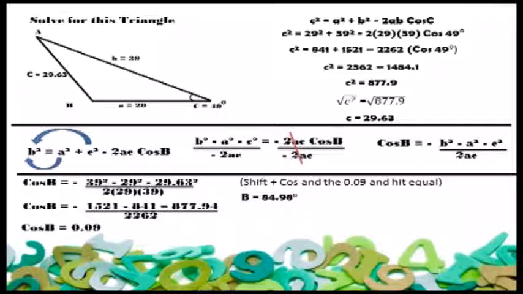So you will get the angle B, 84.98. Now if you're looking for the angle A, just simply add the two angles and subtract it from 180 degrees. So our angle A is equal to 46.02.